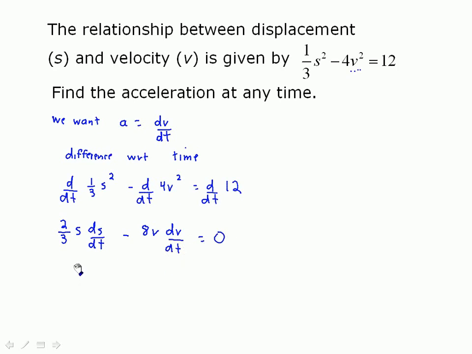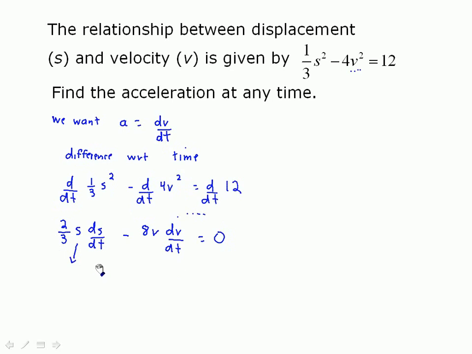Now when we do the manipulation on this, I'm going to bring this to the other side just to make it positive, and that seems reasonable. But I'm going to do one other thing here. S represents position.